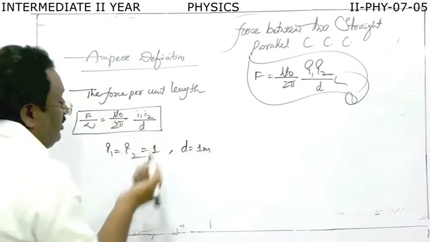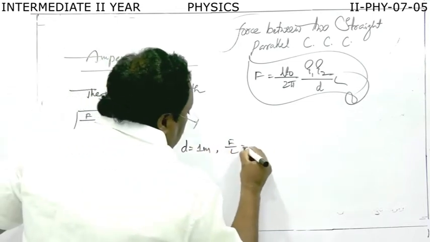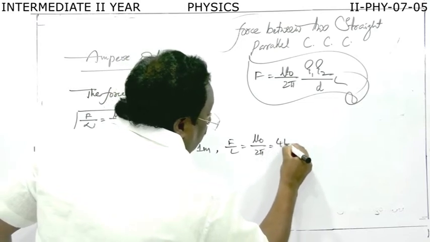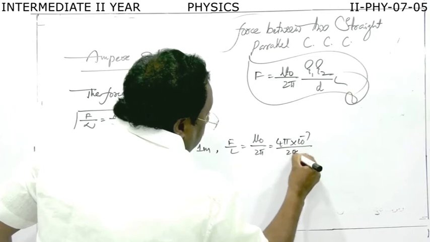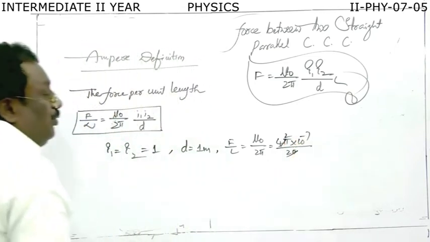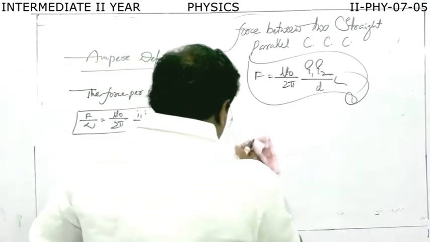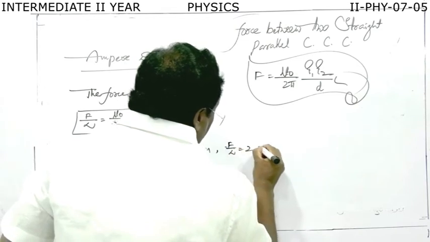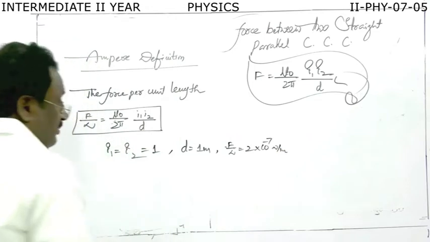With I1 and I2 equal to 1 and d equal to 1, F by L becomes mu naught by 2 pi. The value of mu naught is 4 pi into 10 to the power of minus 7, so it is 2 into 10 to the power of minus 7. Therefore, F by L becomes 2 into 10 to the power of minus 7 Newton per meter.